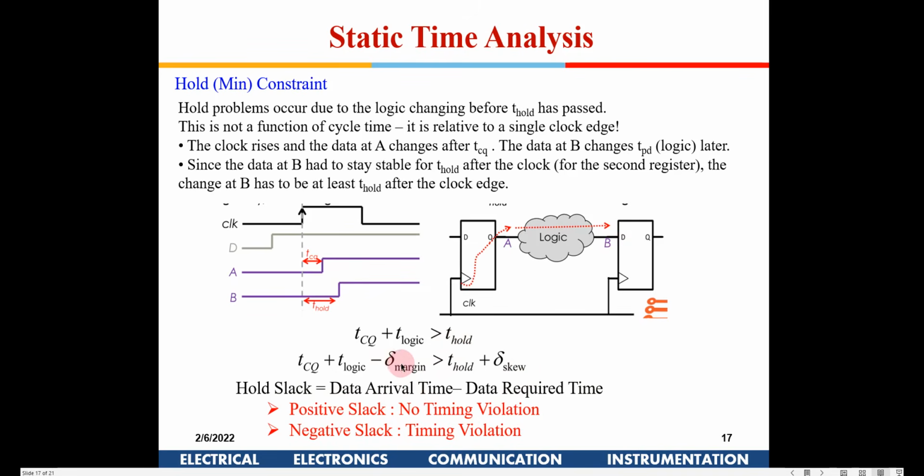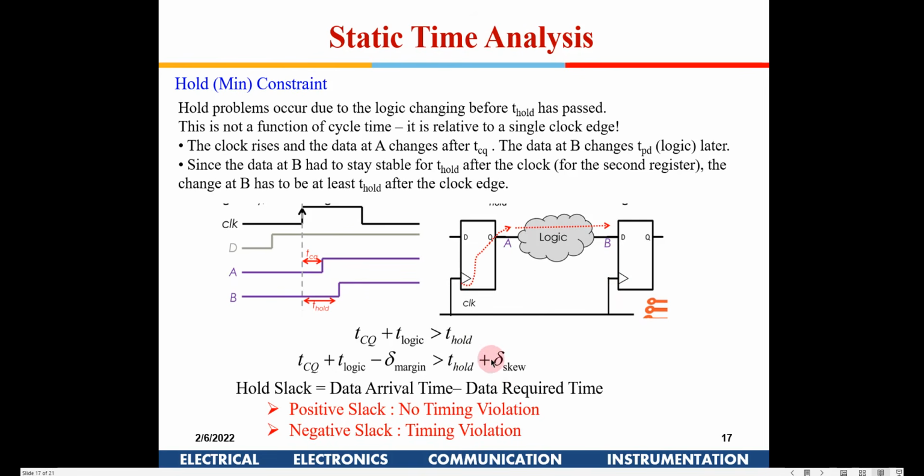Here also, because of the clock skew, you can add a clock skew, and if you want to have some margin, you can add a margin again. For T hold, because of the clock skew, this clock can come in advance.